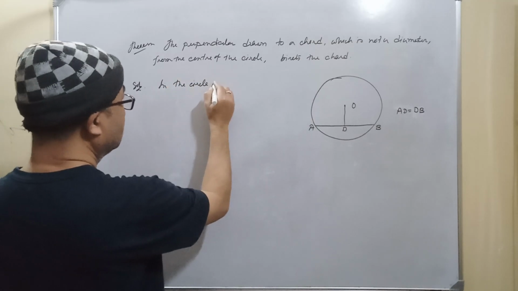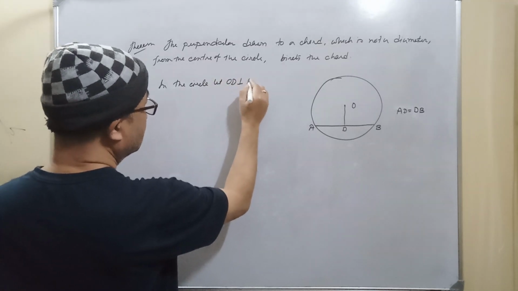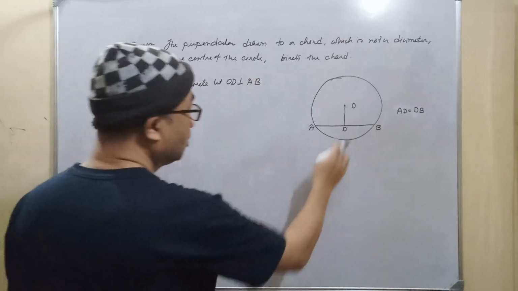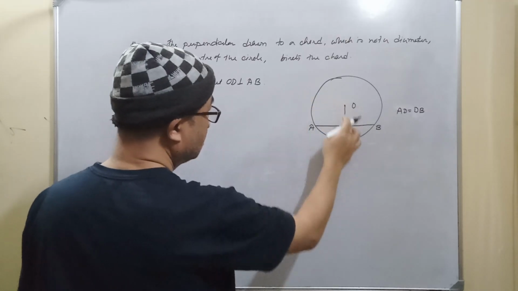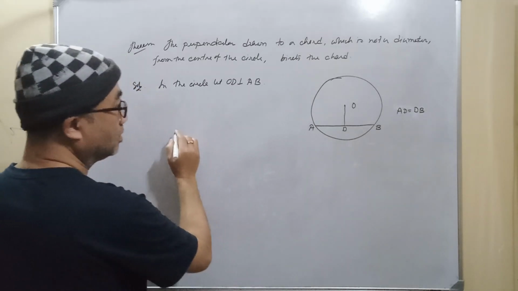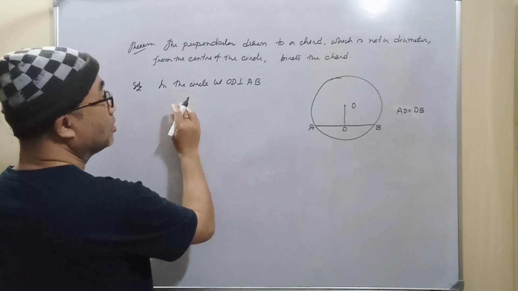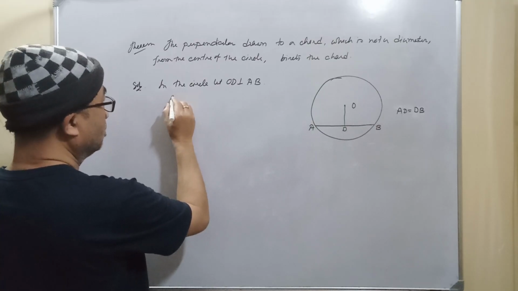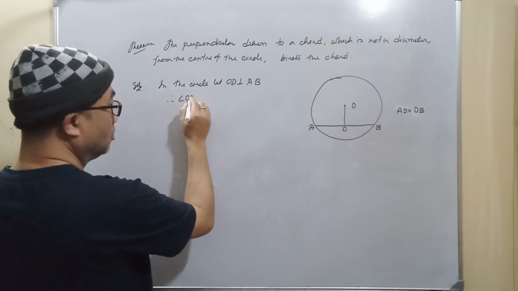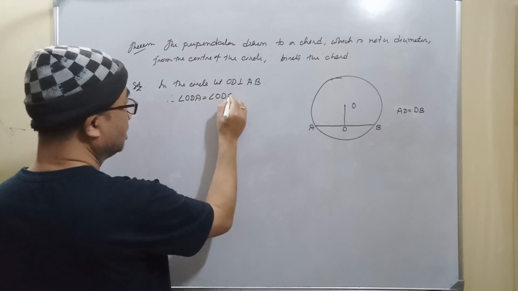In the circle, let OD be perpendicular to AB. Hence, angle ODA is equal to angle ODB.